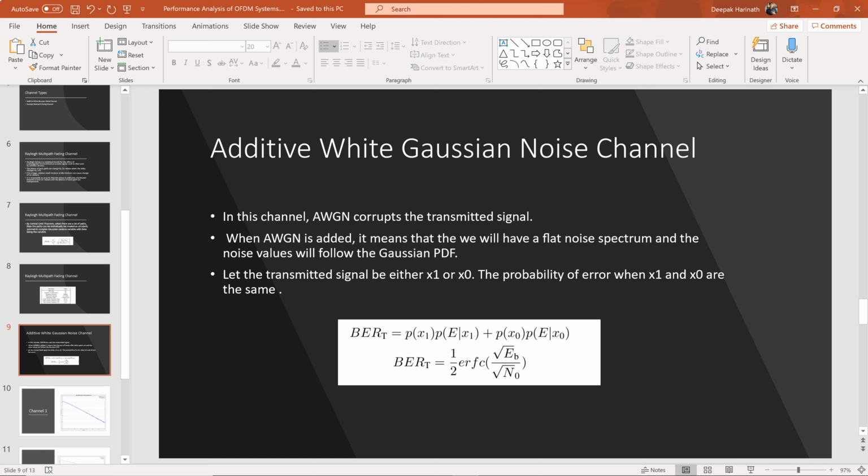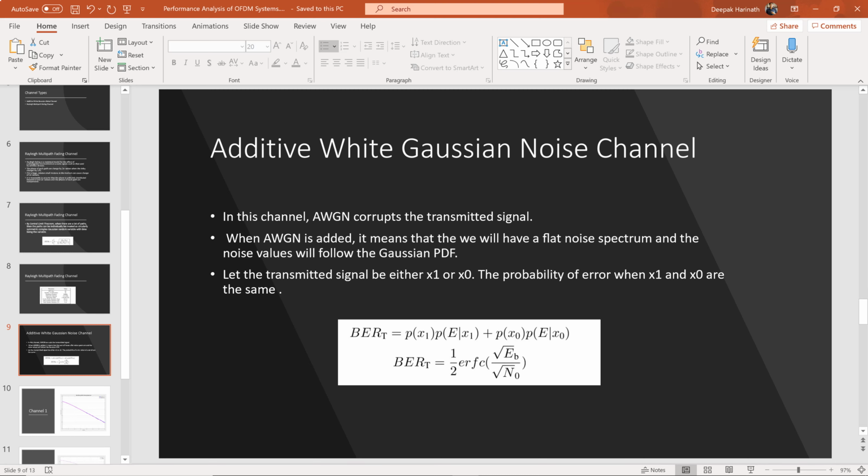Now let us assume that the transmitted signal be x1 or x0, which corresponds to us transmitting a 1 or a 0, then the probability of error when x1 and x0 are transmitted is going to be the same. That is what we assume, and that's actually true as well.